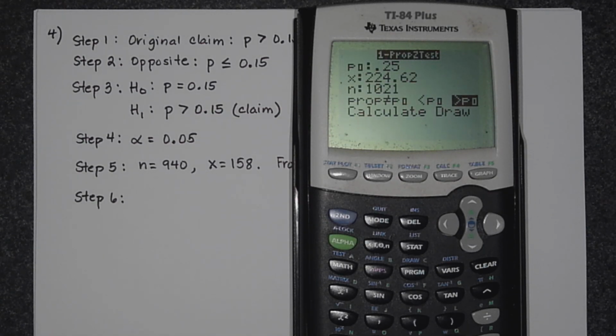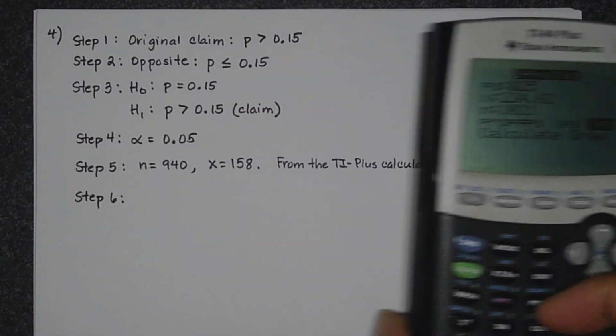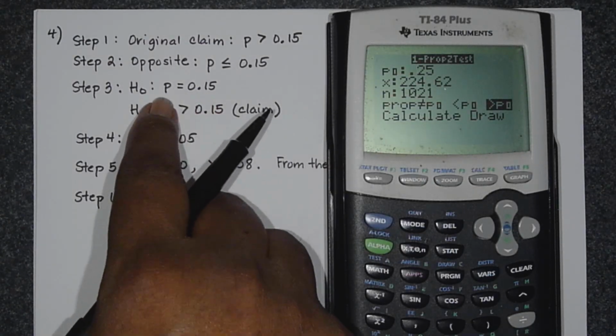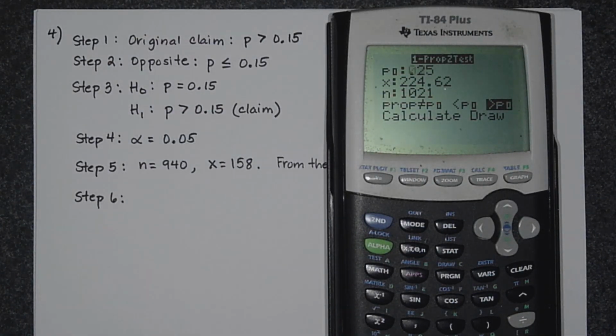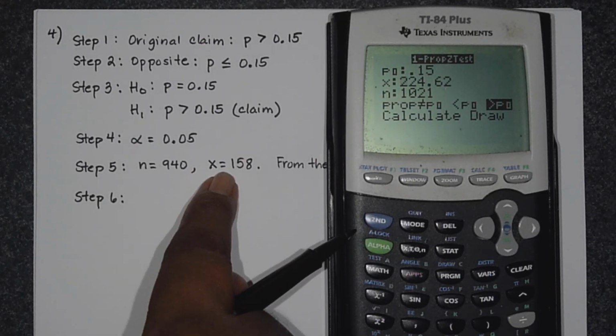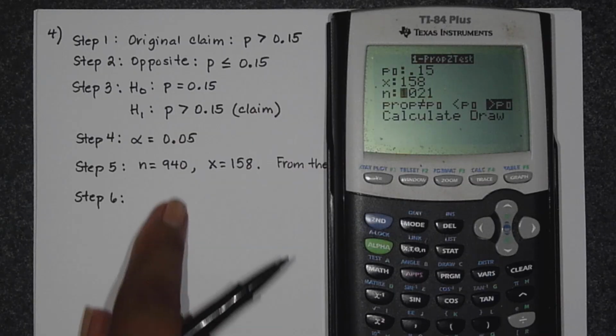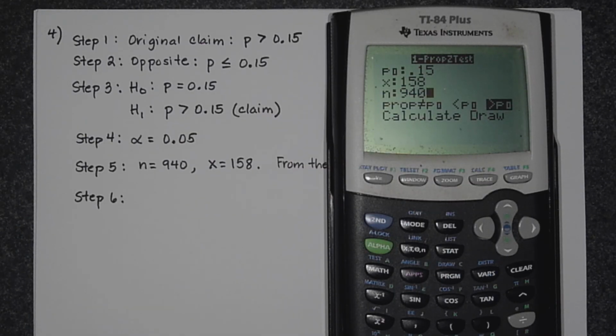And then P sub 0 comes from the null hypothesis. In this case, your null hypothesis has P is equal to 0.15, so you'll type that in. X is the number of successes. That's the 158 that said they use email. Your N is the sample size, which was 940.